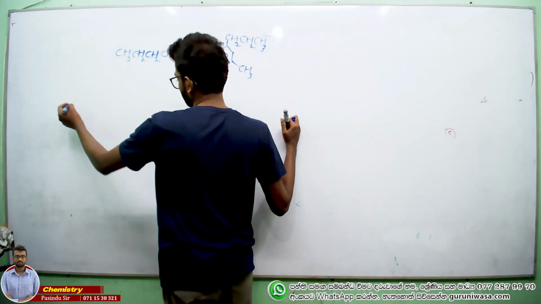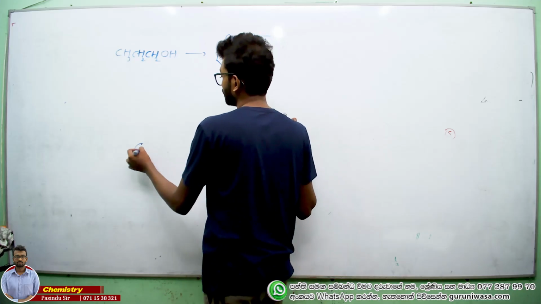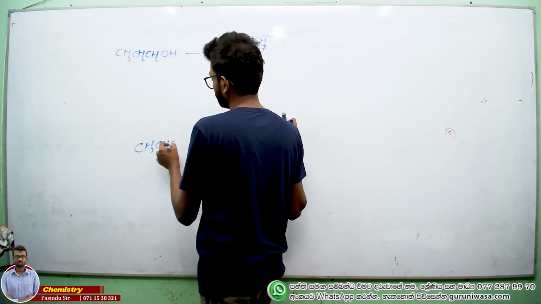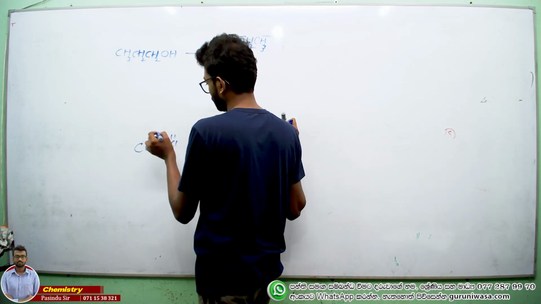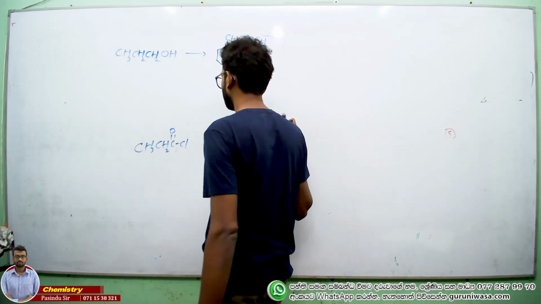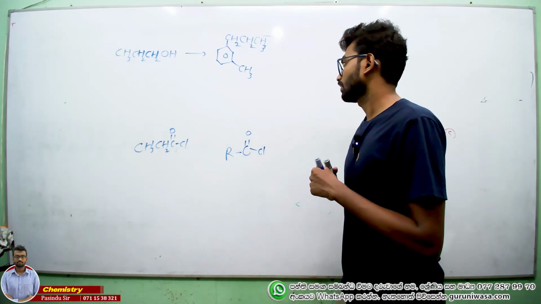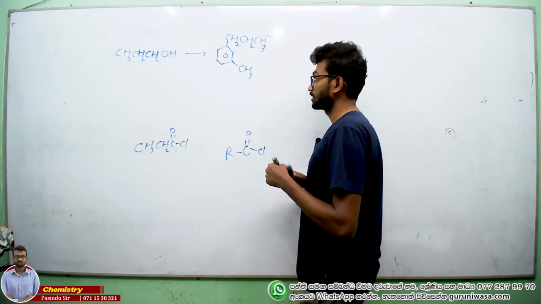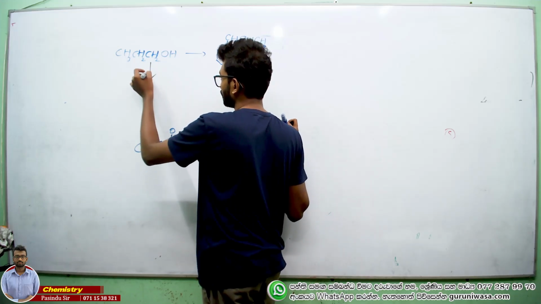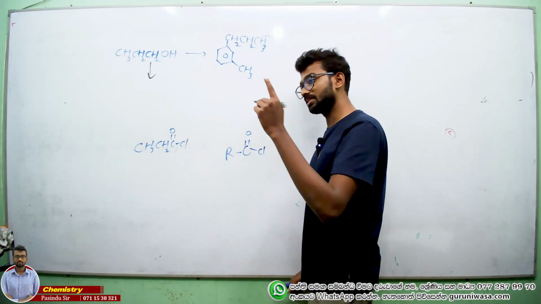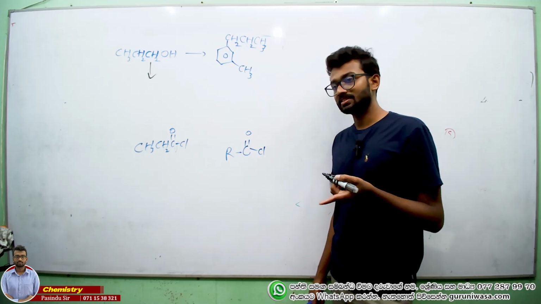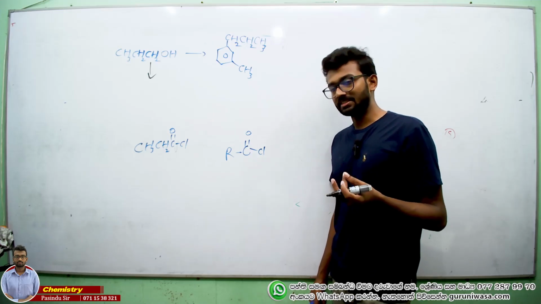Something like this, CH3 CH2 C double bond O Cl, right? So how to make it? Just oxidize this one. In the previous one I forgot to mention the reagents, right?